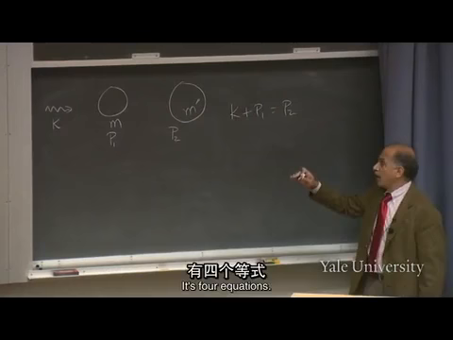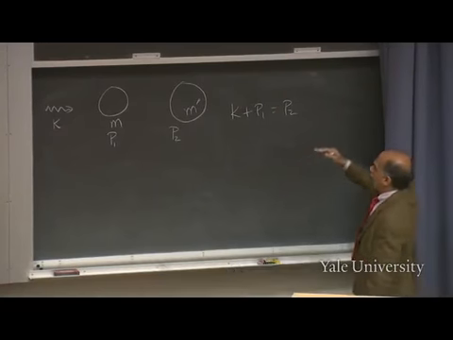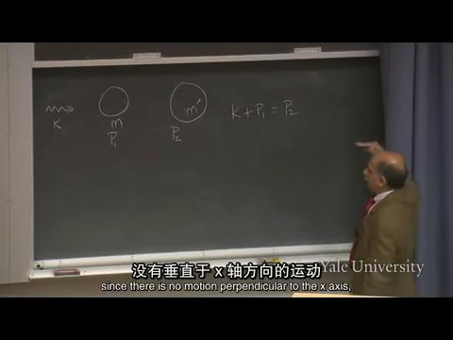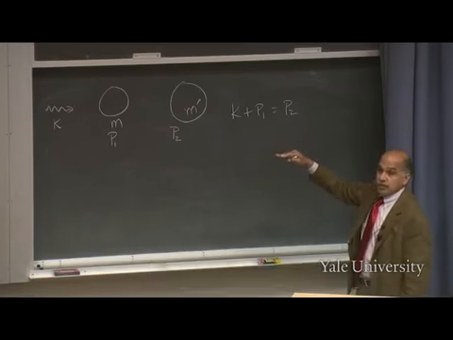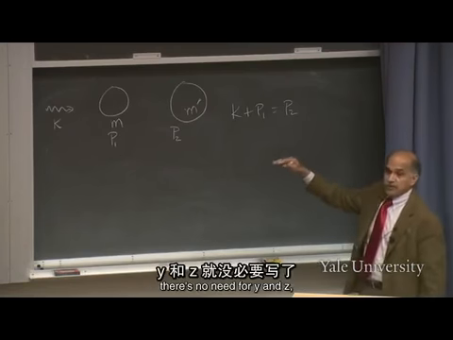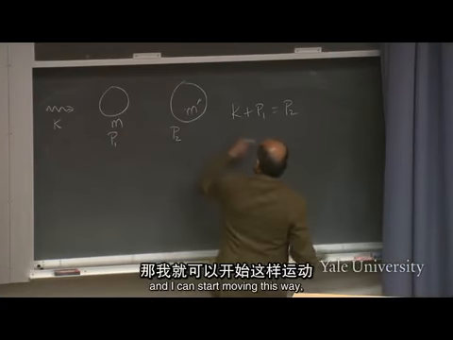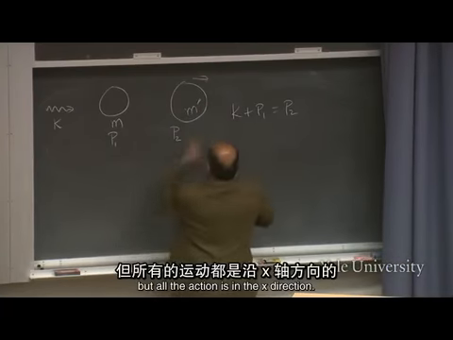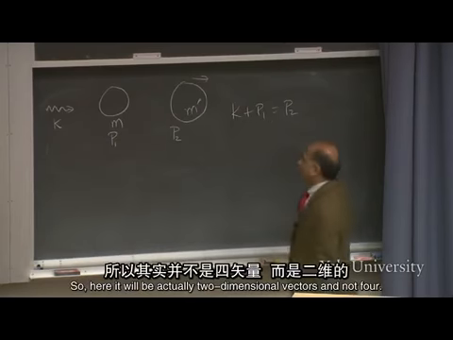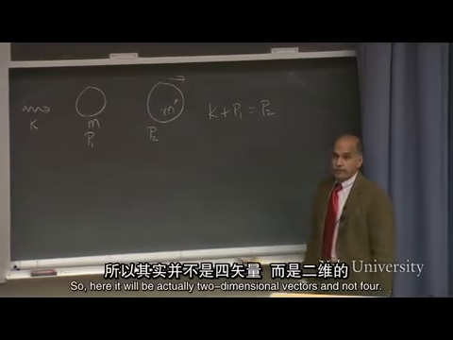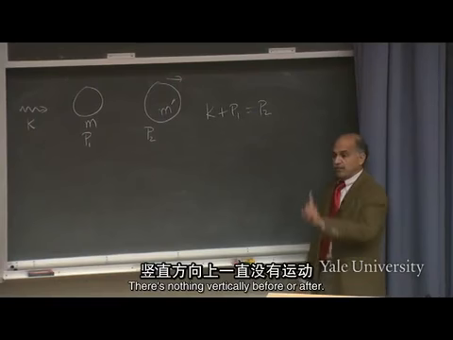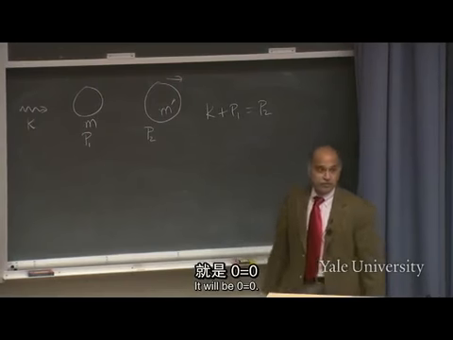It's 4 equations. But in this problem, luckily, since there is no motion perpendicular to the x-axis, we can have just x momentum. There's no need for y and z, because the photon comes this way, it can knock me and I can start moving this way, but all the action is in the x direction. So here it will be actually 2-dimensional vectors and not 4. There's nothing vertically before or after. It will be 0 equal to 0.